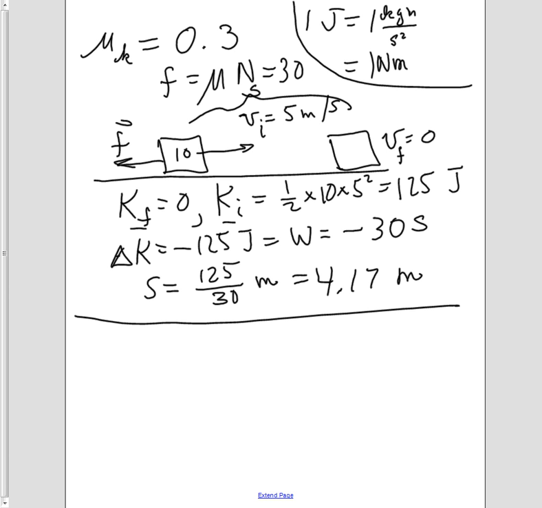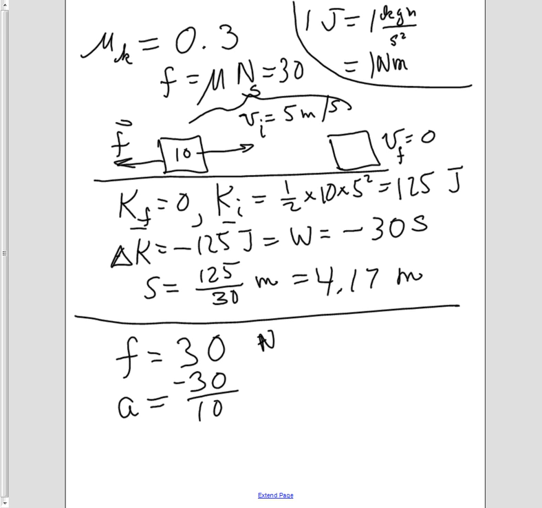The way that you would have done this problem before is you would have gone through the rules of the game and found that F is equal to 30 newtons. And so the acceleration would have been equal to the force divided by the mass.